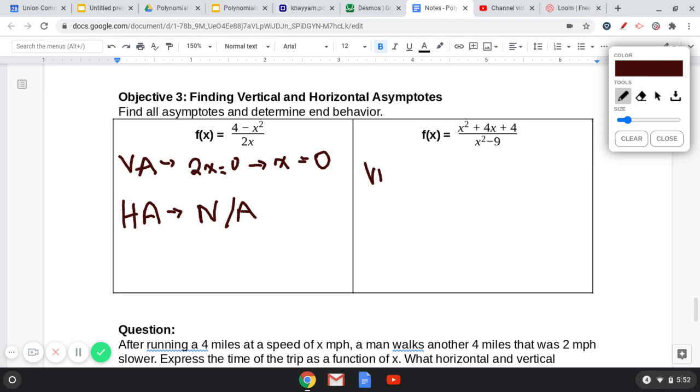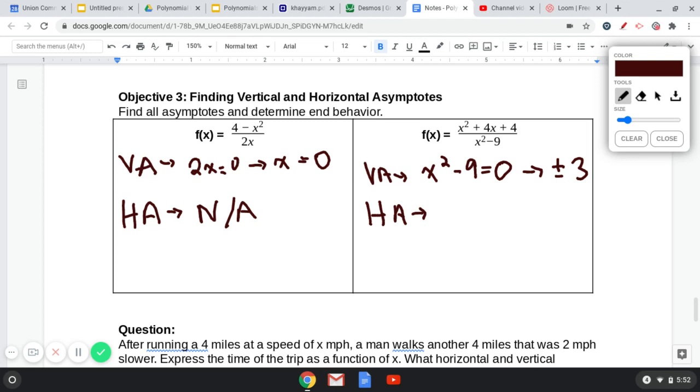Now this guy. We have a vertical asymptote when the denominator is equal to 0. Which is when x squared equals 9, which is plus or minus 3 will get us those vertical asymptotes. So we actually have 2 in this one. And yeah, we have a horizontal asymptote if the degree of the numerator is smaller than or equal to the degree of the denominator.